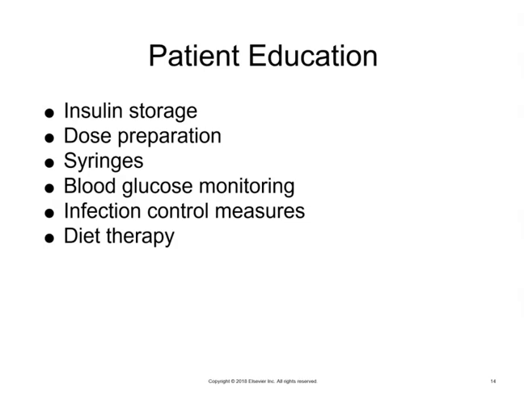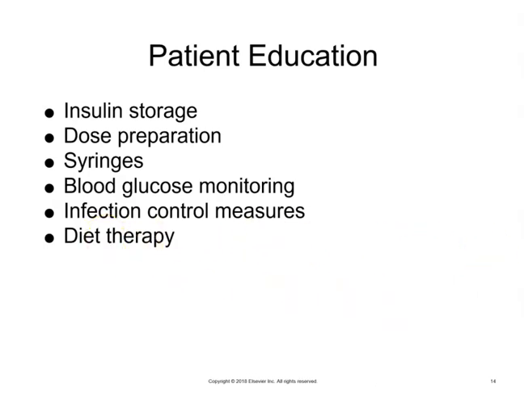Those are both low in nutrients, and we want to increase veggies and whole grains. Good fats like avocados, nuts, olive oil. Those are all good fats. And that's really going to help them achieve good glycemic control.